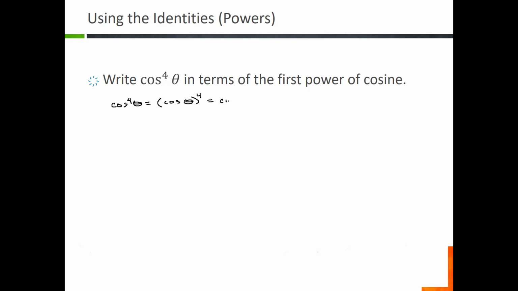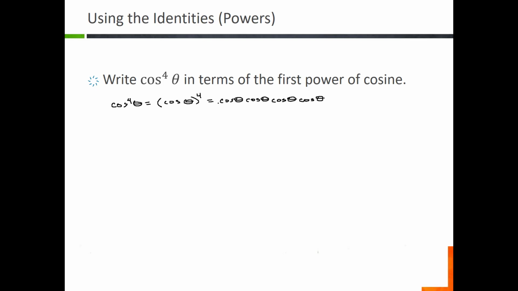And that means you have cosine of theta times cosine of theta times a 3rd cosine of theta and then a 4th cosine of theta. Now, that may seem like that's what we're trying to do, write it as first powers, which I just technically did. There's no powers there. But I don't want the multiplications there, so we need to simplify this to some degree. Quite a bit, in fact.